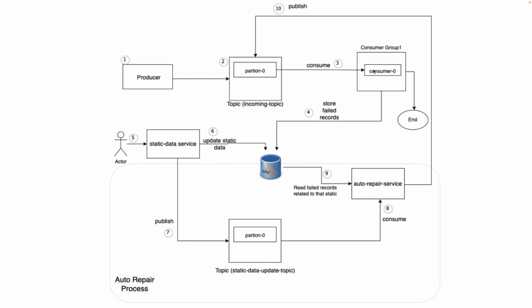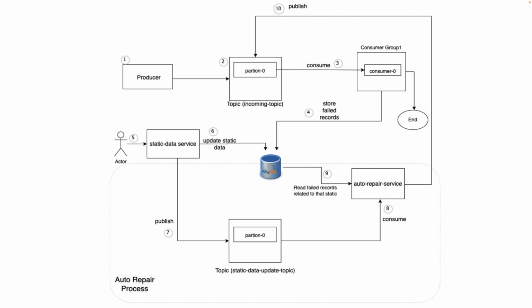As the validation logic is dependent on some static data, admin is going to update that static data as a part of an event. On the static data update event, the auto repair processing should automatically try to reprocess the previously failed messages related to that particular error code. So that is the theory we discussed in the last part.